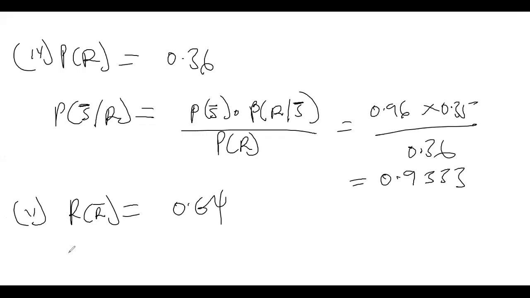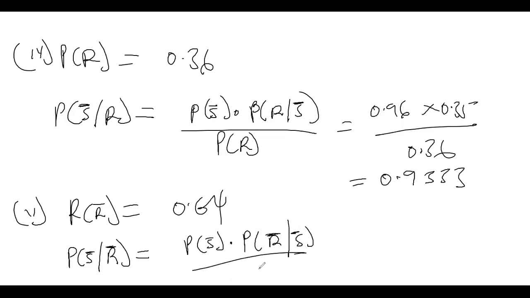So this will be the probability that they did not increase share price, and the probability that they did not replace based on the fact that they did not increase, all over the probability that they did not replace.